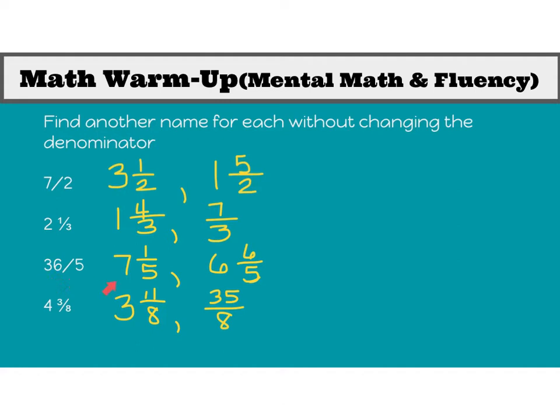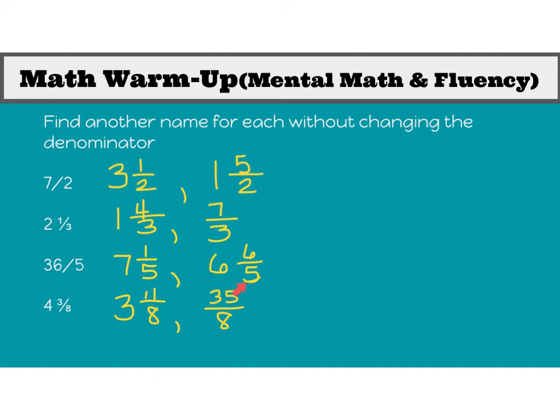The third one, we have 36/5. We could change to mixed number, 7 1/5, or we could trade that whole, take 1 whole away, which would be 5/5, right? And make it 6 6/5. So again, checking this to see if it actually adds up.